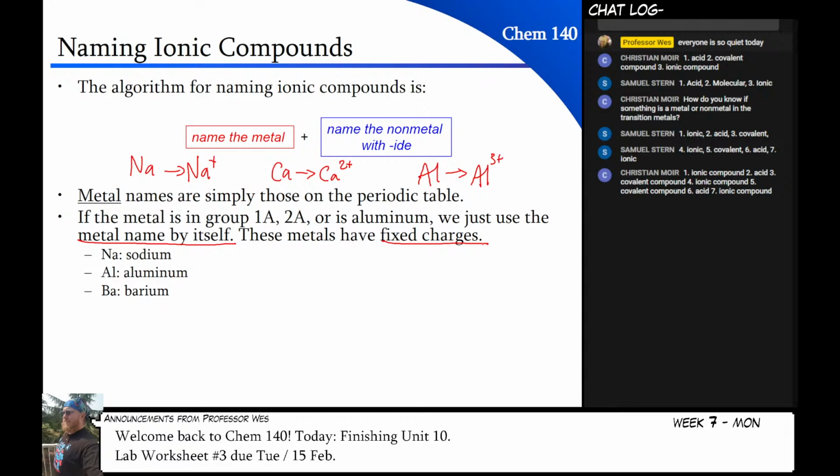For the purposes of this class, these are the ones that I'm going to call fixed charges. You may have seen on the online text or other various sources that there is a set of elements in the middle of the periodic table that has a fixed charge, and they look like this. And they make this sort of staircase.